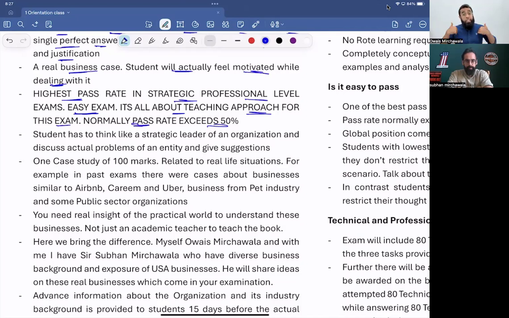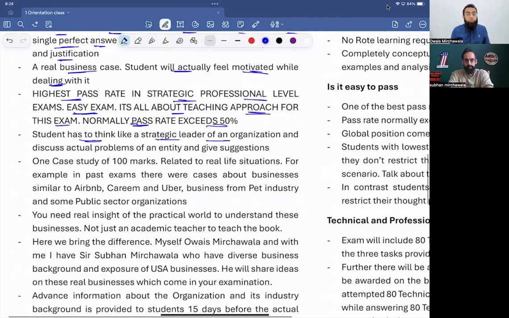We have to teach you how to catch that thing, because whatever business case you do, you should have the ability of a consultant, an ability to analyze, an ability to deep dive into the client situation rather than forcing your learned knowledge. The student has to think like a strategic leader, like a director, looking at the bigger picture, discussing actual problems of an entity and giving suggestions.